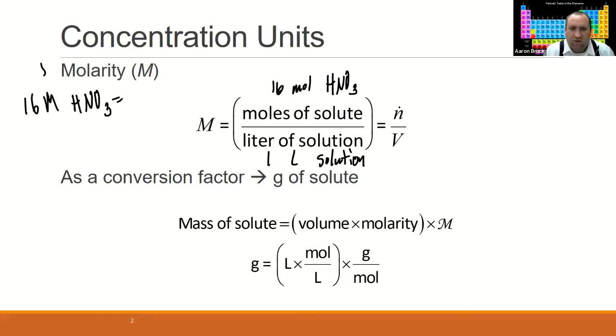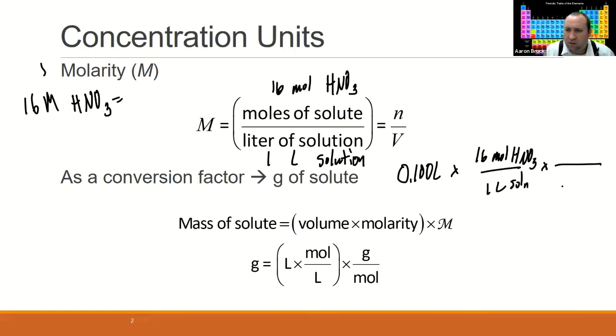So if I only have 100 milliliters, which would be 0.1 liters, times 16 moles of nitric acid per liter of solution, and I multiplied that by the molar mass of nitric acid, which is 1.01 for hydrogen, 14.01 for nitrogen, and 16 times 3 for oxygen, I get 63.02 grams of nitric acid.